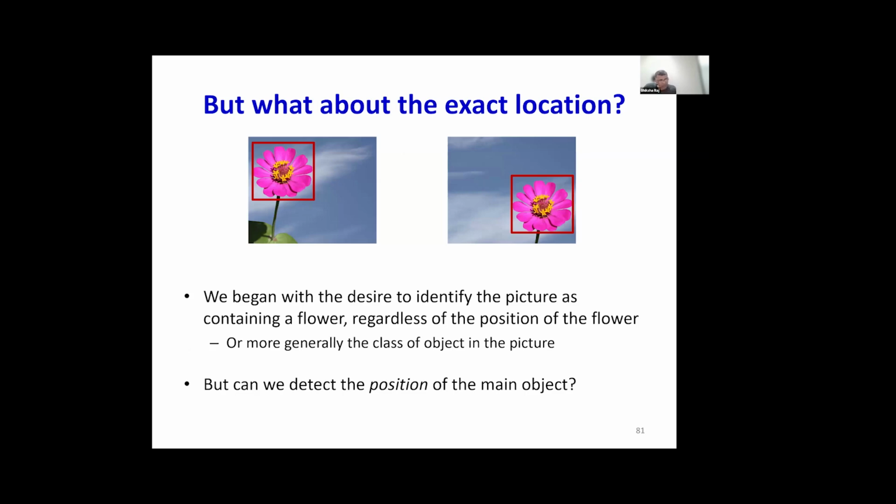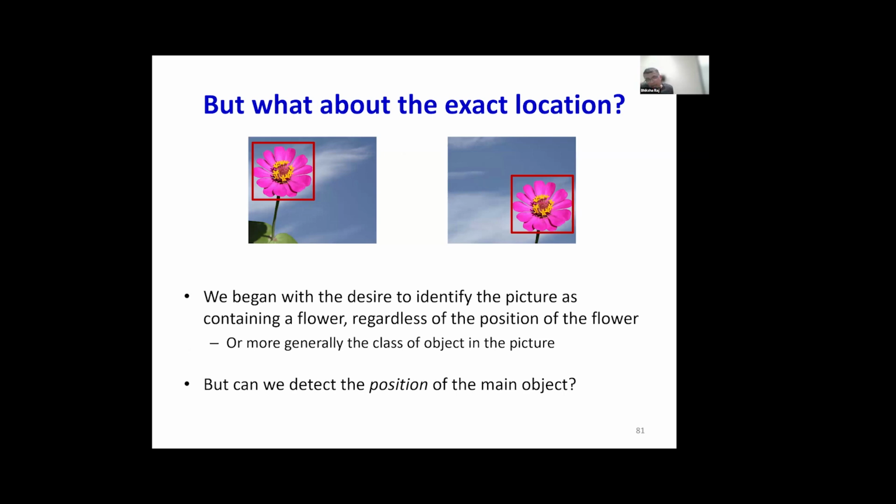the model that we have so far only tells you, for instance, whether a flower was present in the picture or not. But how about the location of the flower itself? Can we get information about it?